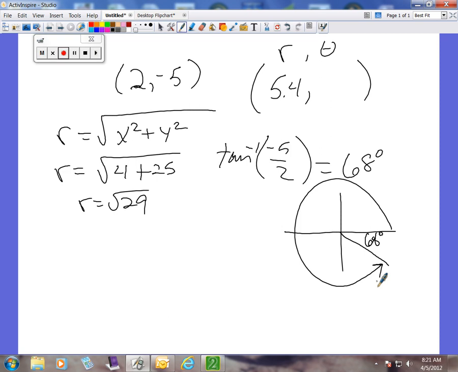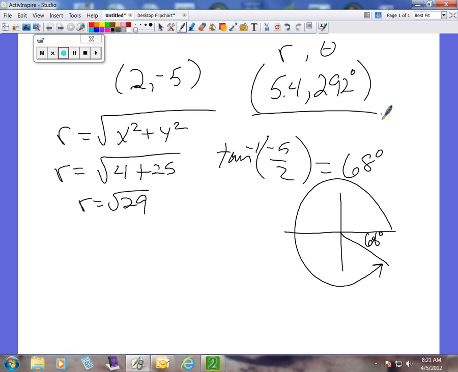So what do we have to do to find that? Doesn't it make sense we'd subtract from 360? This is our reference angle. We need this one. So what did we get? 292. How many got 292 on this? Give yourself 2 bonus points, 1 for each. And that's how we write polar coordinates from rectangular.